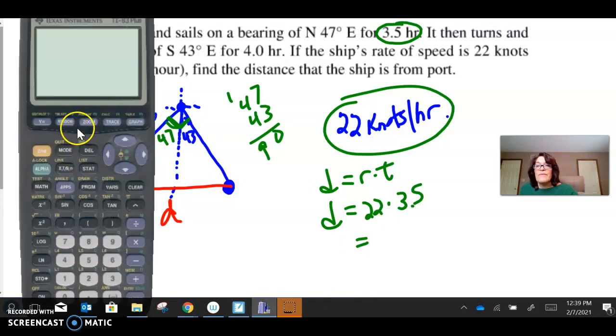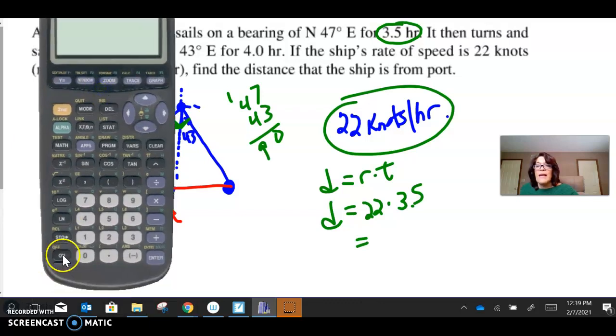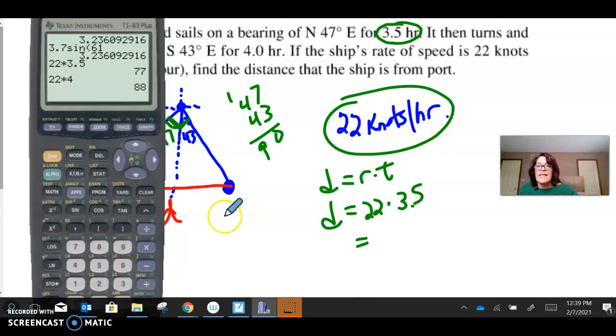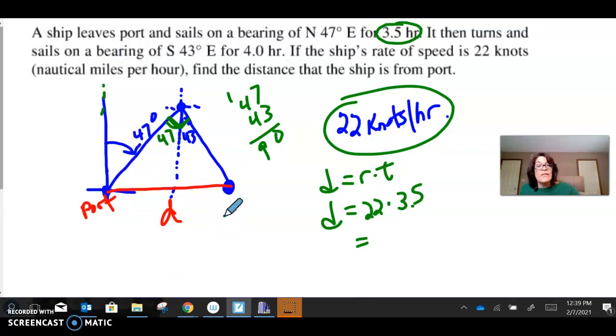I'll take 22 times 3.5 and get 77. And in the other direction, I went 4 hours. I might as well do that while I have this up. 22 times 4 is 88. So 77 and 88.